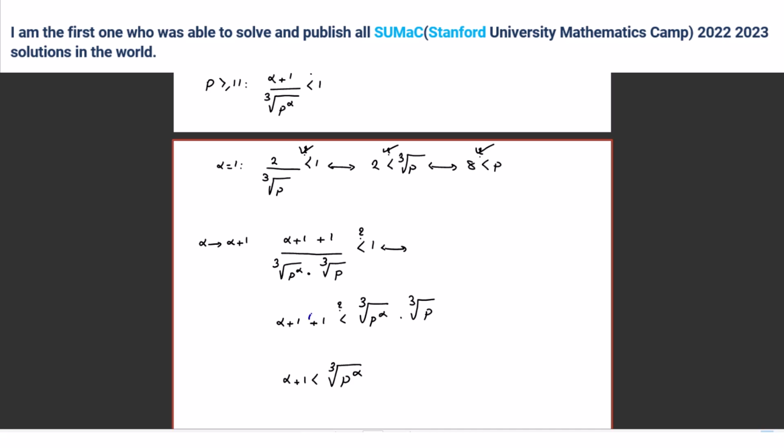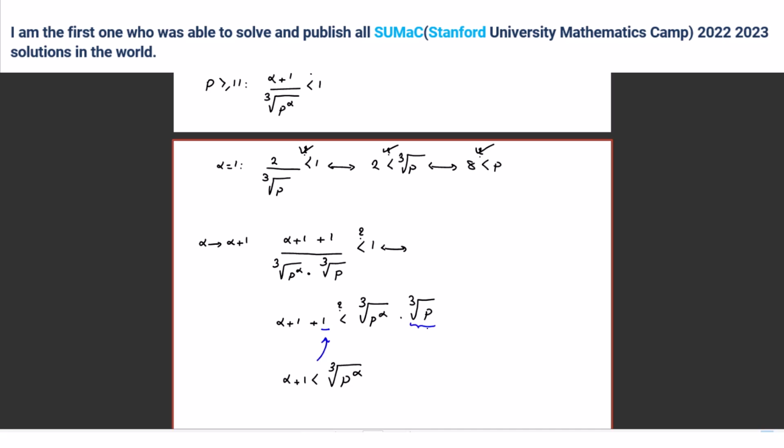So the left hand side, if you consider, is added by 1, right? But the right hand side, we multiply it by cube root of p, right?